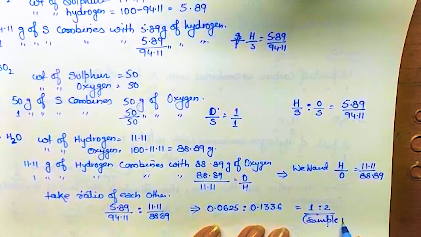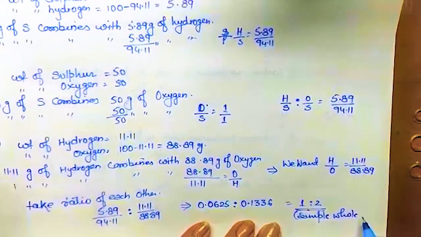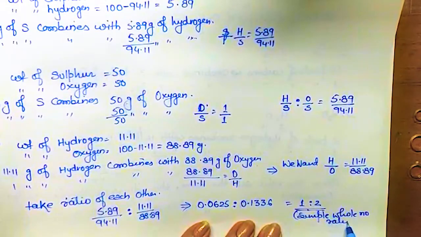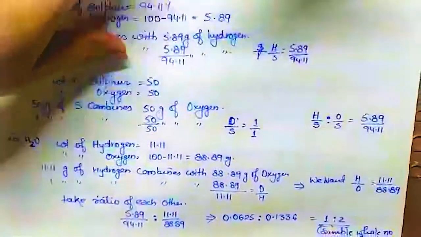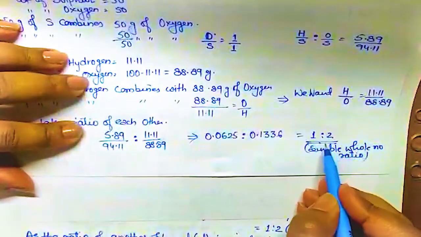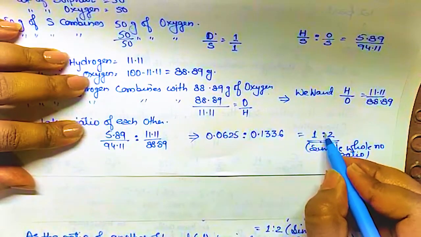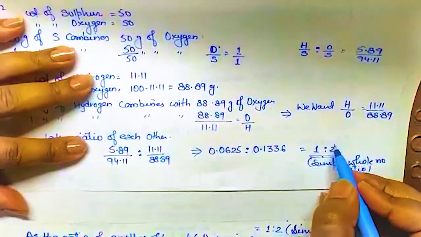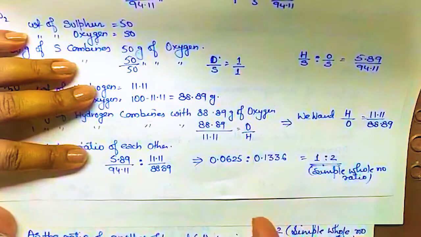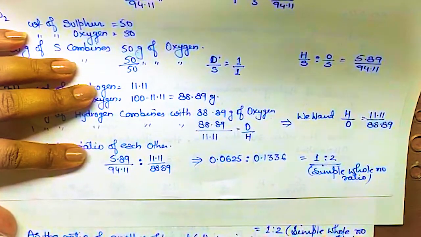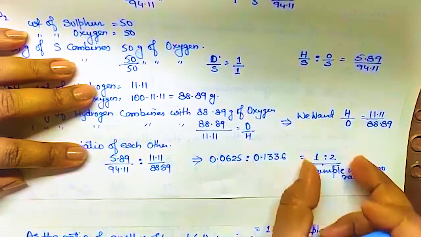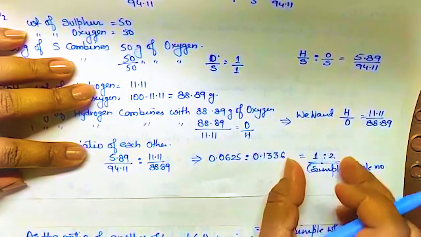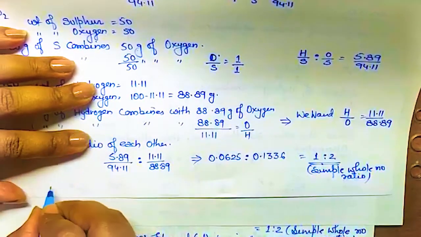Simple whole number ratio. Suppose this ratio had come 1.8 and the other 2.7. Then it was not a whole number, so it would not illustrate the law. But here we are getting a whole number ratio, so yes.